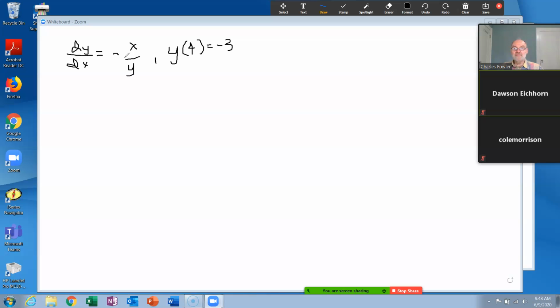Can this be done? Yes. What you do is multiply both sides of the equation by dx, which is the part that drives most pure mathematicians crazy. Or write it in differential form, dy is equal to minus x over y dx. Then multiply both sides of the equation by y.